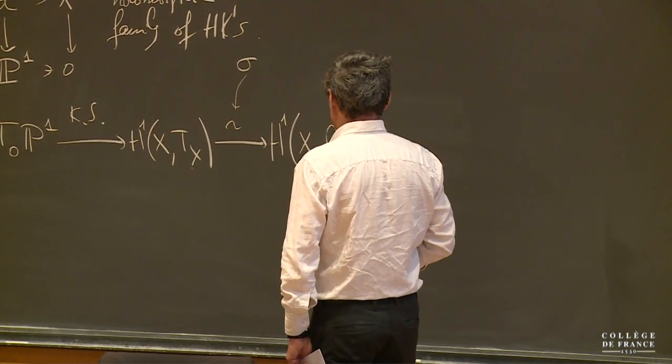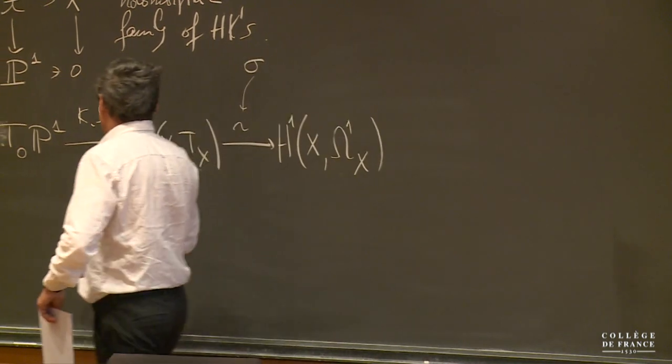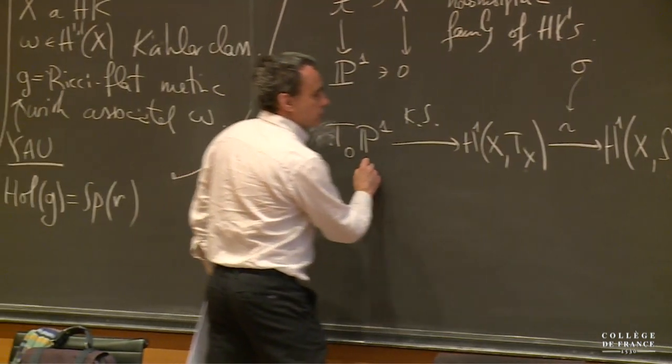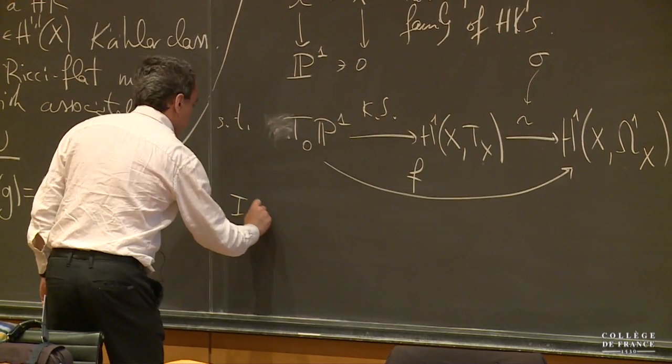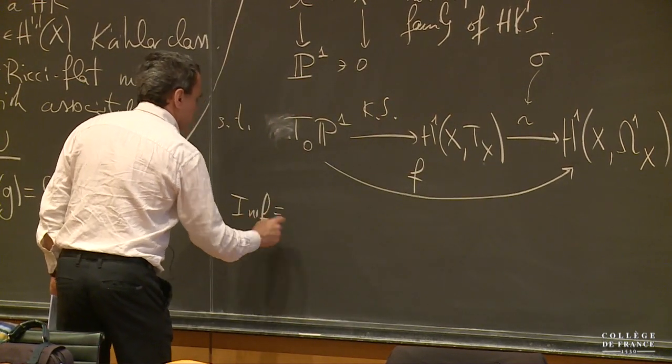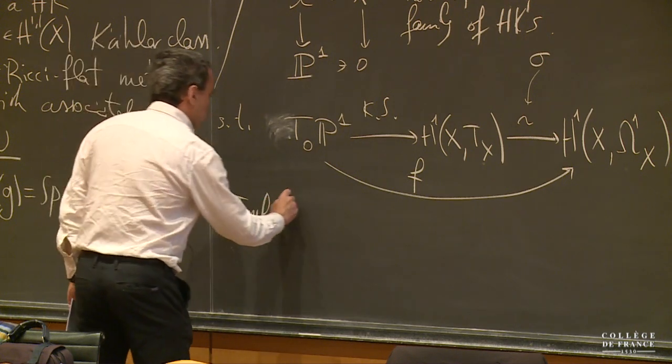And so the image of this map, let's call it F, is the span of omega.